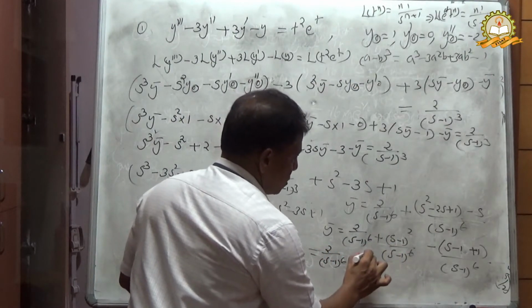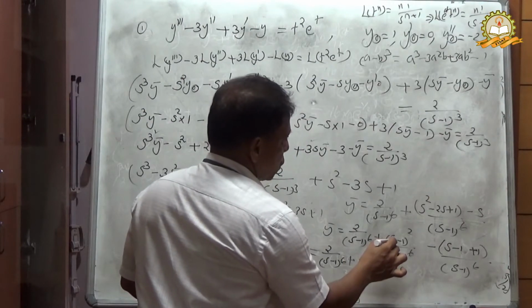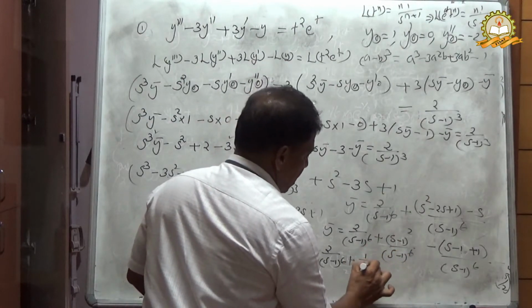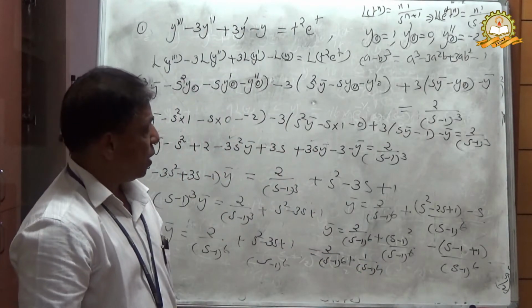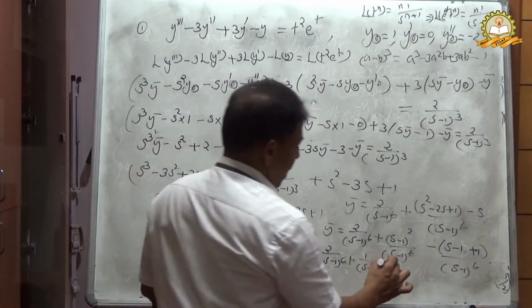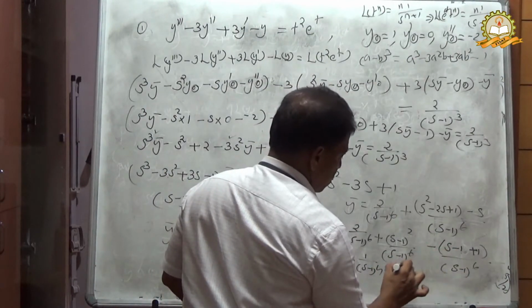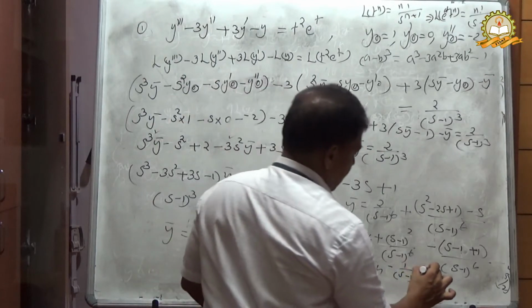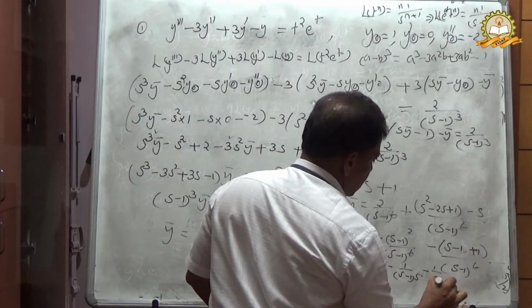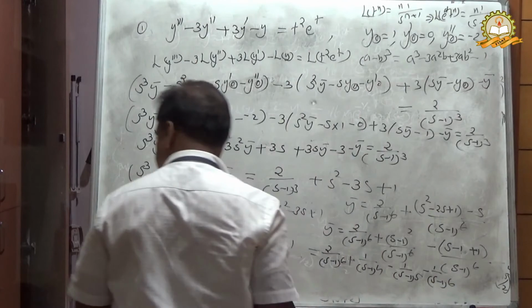This when cancelling, we get (s minus 1) whole square over (s minus 1) whole raised to 6, therefore 1 by (s minus 1) whole raised to 4, minus (s minus 1) by (s minus 1) whole raised to 6, which is 1 by (s minus 1) whole raised to 5. Then minus 1 by (s minus 1) whole raised to 6.